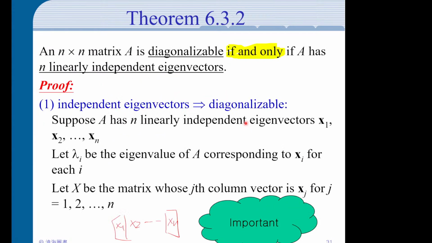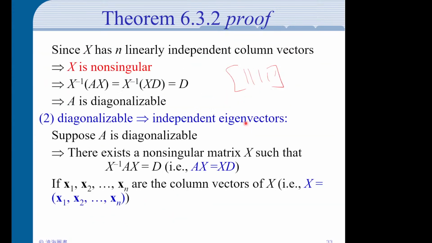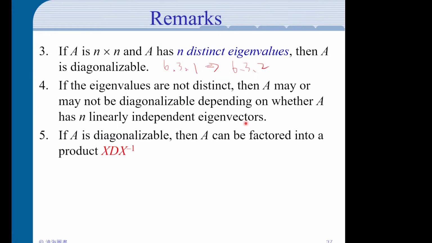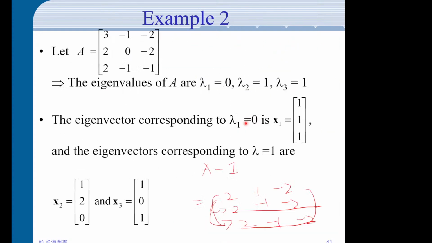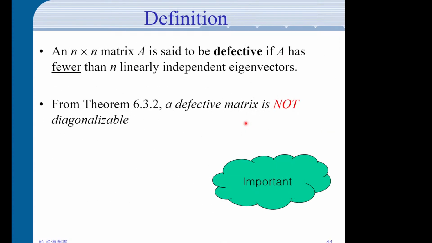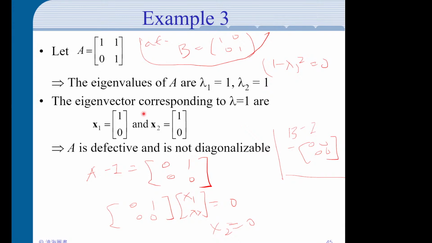And then we see an example. The non-diagonalizable matrix looks like this. It is basically a triangular form. This matrix has two eigenvalues: you solve the characteristic polynomial, and it has eigenvalue 1 twice, but it actually has only one eigenvector.